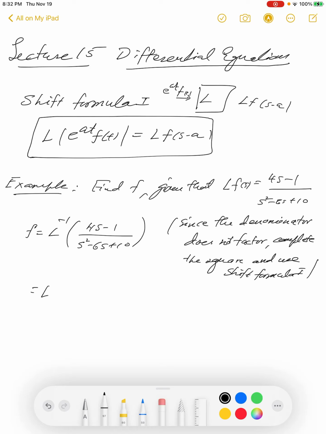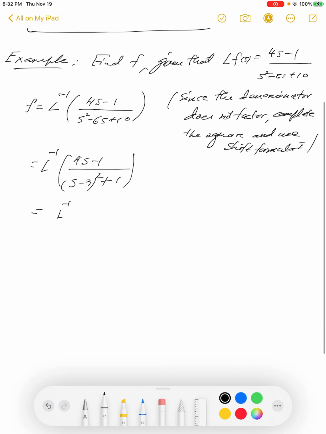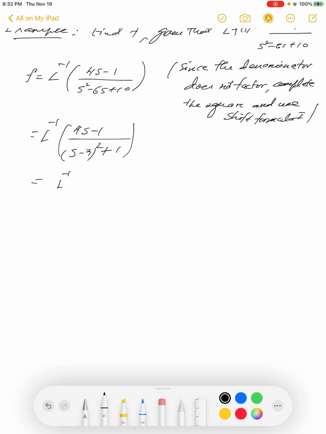So this I will write as L inverse of 4s minus 1 over s minus 3 square plus 1. That should give you s square minus 6s plus 9, and what's left is 1. Because you have s minus 3 in the denominator, you want to have s minus 3 on the top. So 4 times s minus 3 gives you 4s minus 12.